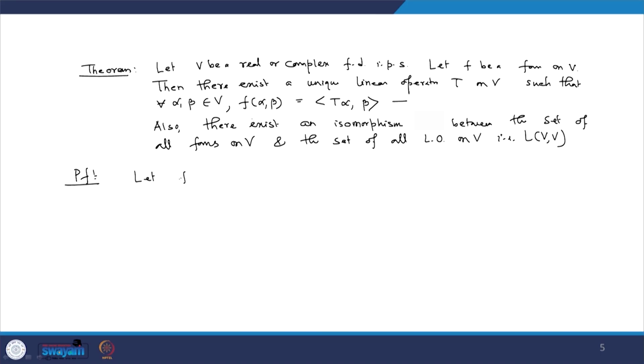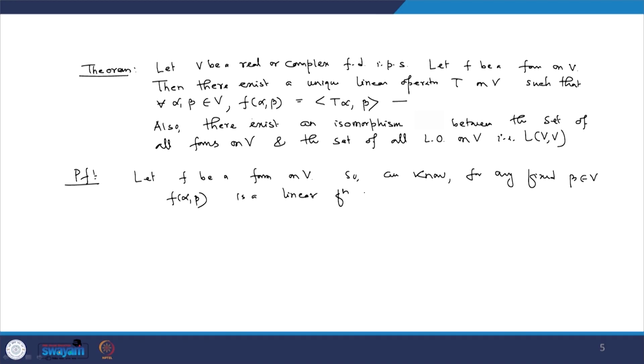So, let f be a form on V. We know from the definition of the form, for any fixed beta belonging to V, f of alpha, beta is a linear function from V into the corresponding scalar field.